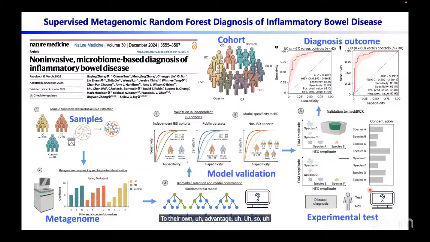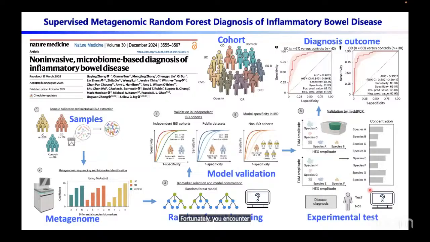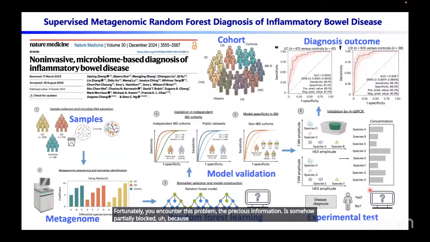So this is somehow the difficult part when we try to further develop this kind of approach based on these so-called scientific publications. Frequently, you encounter this problem. The precious information is somehow partially blocked because they don't want to really disclose, particularly those magic species.